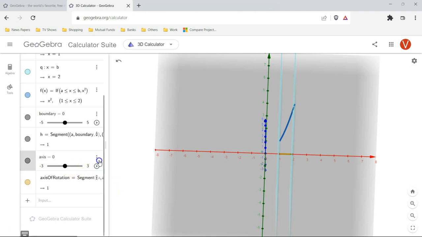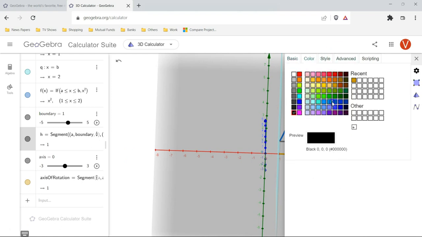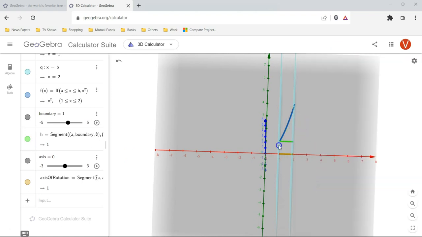So let it be 0, and let's change this color to, let's say, green, right? So this curve defines one boundary, this green segment defines another boundary, and these two planes define the third and fourth boundaries, and this brown one defines the axis of rotation.